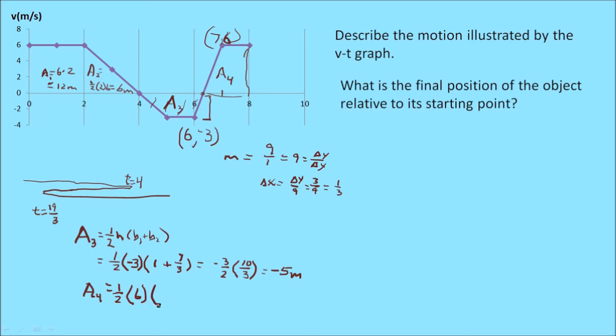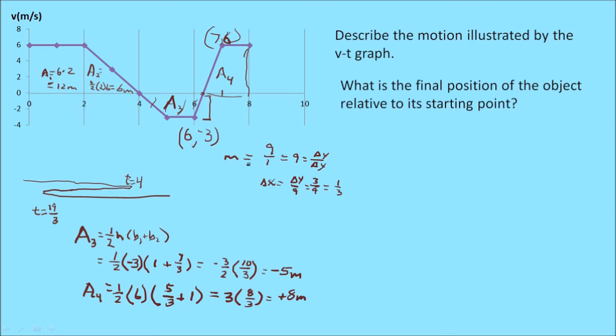And then the bases are, well, this bottom base is from 6 1/3 over to 8, which is 1 2/3, or 5/3, plus from 7 to 8 is 1. So this is going to be 1/2 of 6 is 3, times 5/3 plus 3/3 is 8/3. That's positive 8 meters.